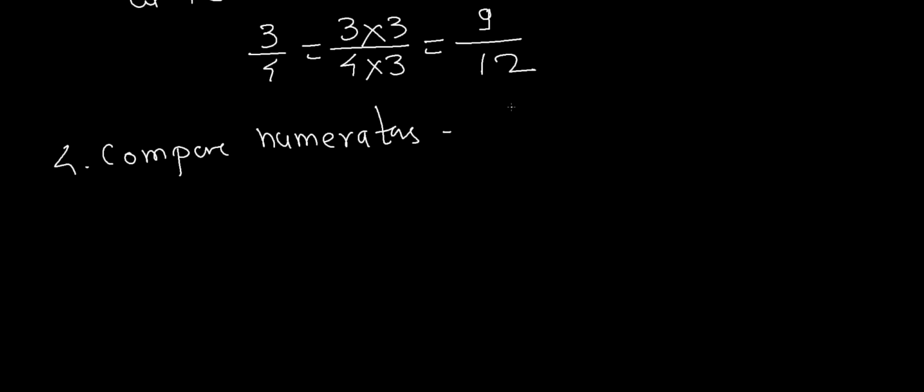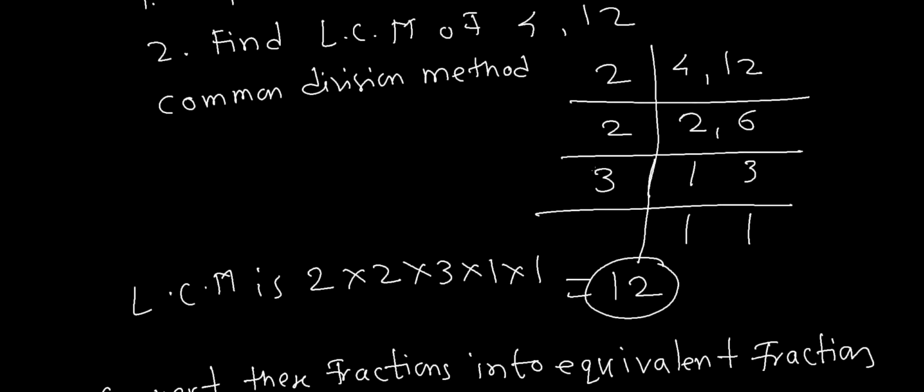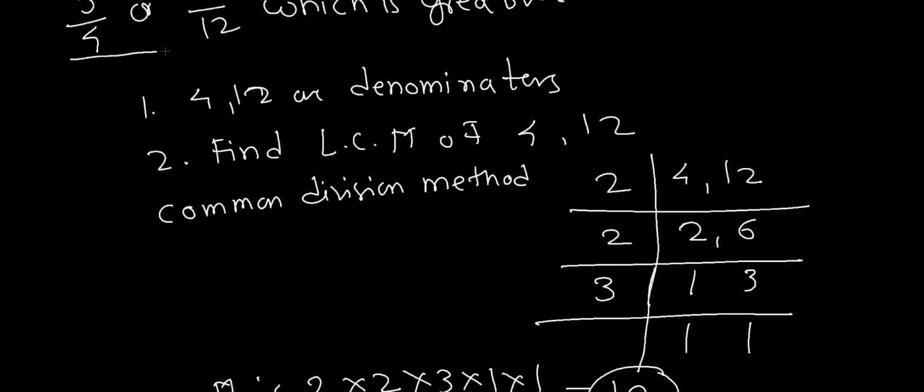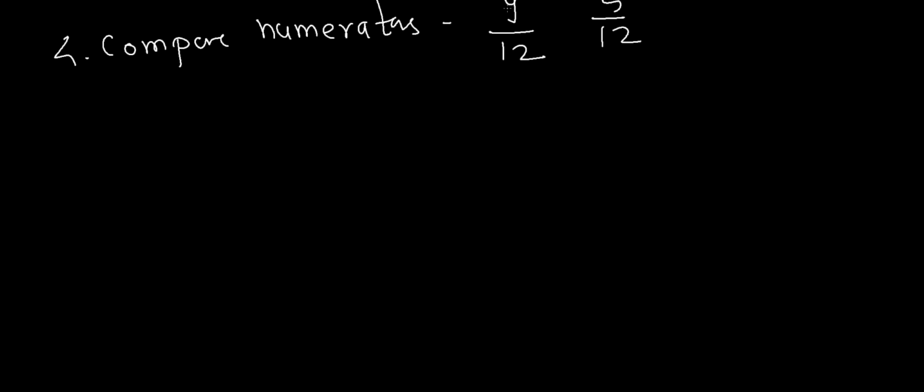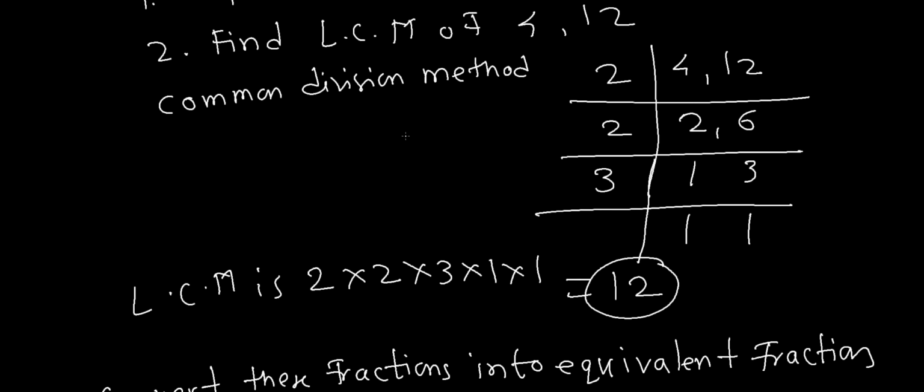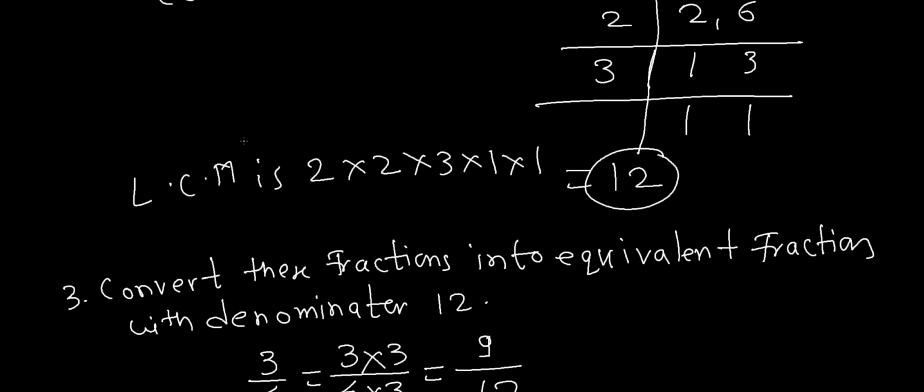So the newly made fraction is 9 by 12 and the other fraction is 5 by 12. We started with comparing these two. We have converted this into like fraction by making the denominator 12, and in this process we get the fraction as 9 by 12, and now we have to compare it with 5 by 12.